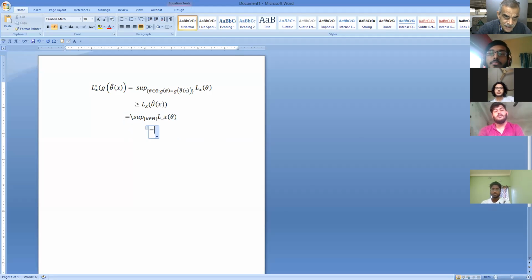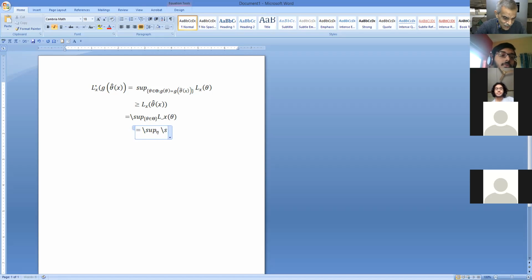So this is the same as the supremum over, let me write down all the etas. Is that okay? Then I look at, I'm varying eta. So here eta is fixed.